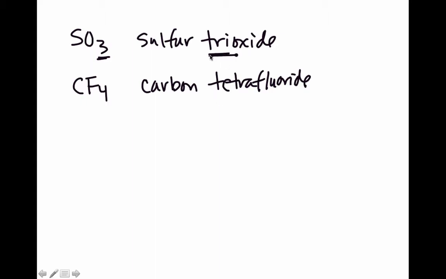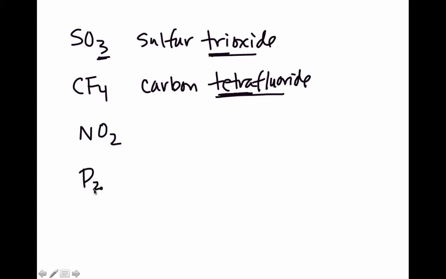Notice that this is all one word, tetrafluoride, the prefix tetra telling us that we have 4 fluorines present. Letter C would be NO2. So that's the same as the example above that we did, nitrogen dioxide.